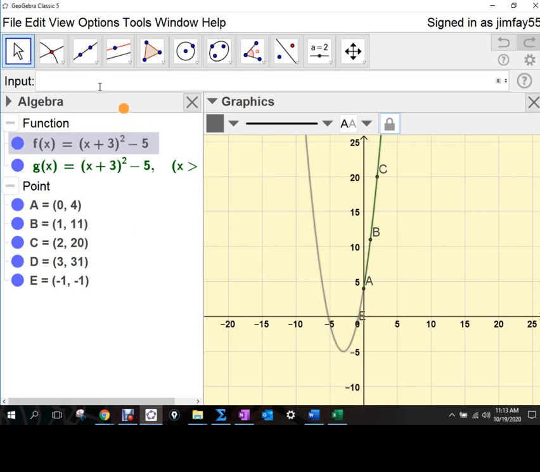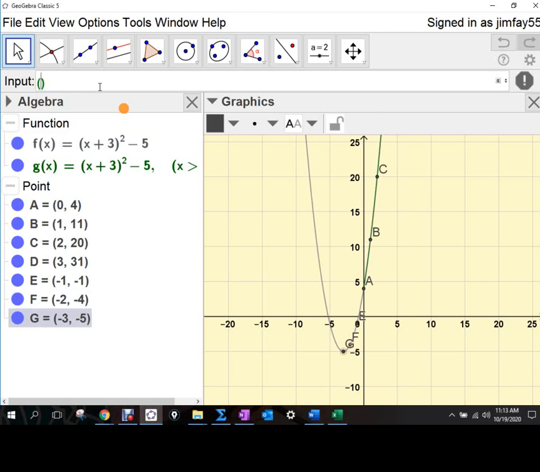So then I would have to try -2. So let's go -2, comma, f of -2. And I try -3, f of -3. And there I get the turn, but now I got to go one more, and I'd have to go -4, f of -4.